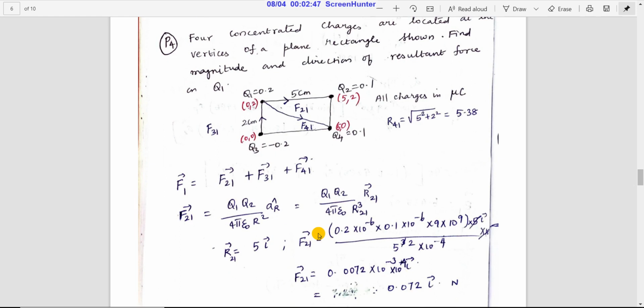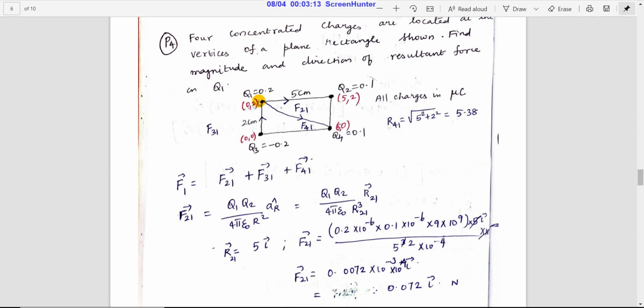In order to find the force between these charges, we need the distance between all the charges. In the problem itself, the distances are given. This is 5 centimeter, this is 2 centimeter, but we don't know the length between Q1 and Q4.